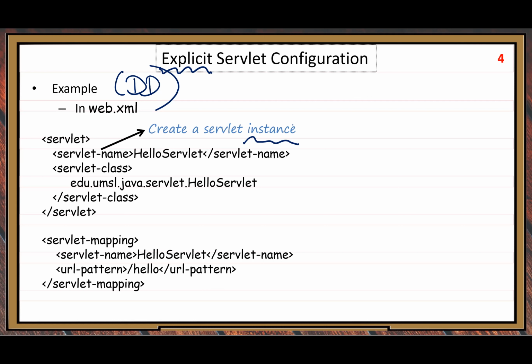I changed this one in Eclipse, if you still remember that detail. After these two elements, we complete the explicit servlet configuration. Oh, sorry, explicit, not implicit. Implicit we cannot see, right? So here we see explicit first.